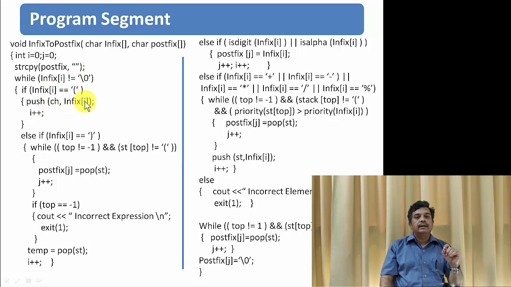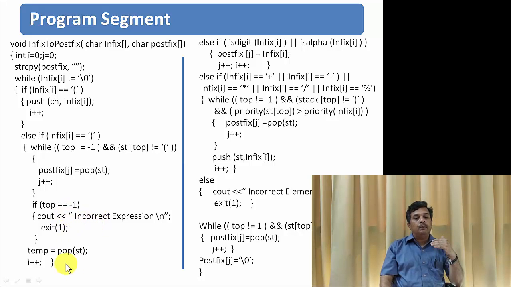If you get a right parenthesis and the top is not -1, it is not empty, and the top is not a left parenthesis, then what you have to do? You have to pop the stack and write it to the postfix expression, and j will be incremented. If top is -1, then you can say it is improperly parenthesized or it is not a valid expression.